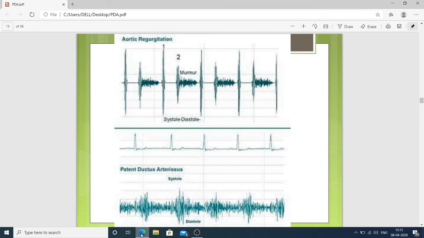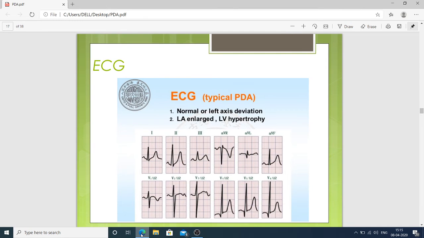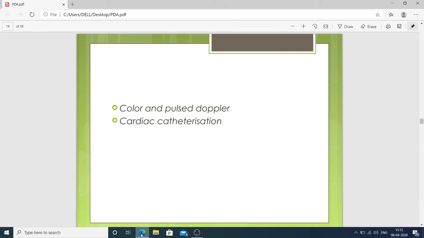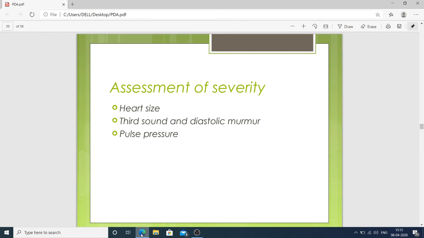Then the ECG findings. ECG, echo, color and pulse Doppler are also done in the investigations, and cardiac catheterization, so that the actual condition of the heart is diagnosed by the doctor.